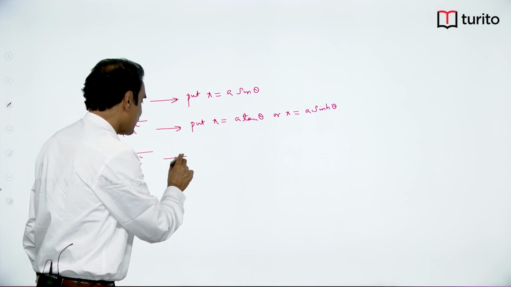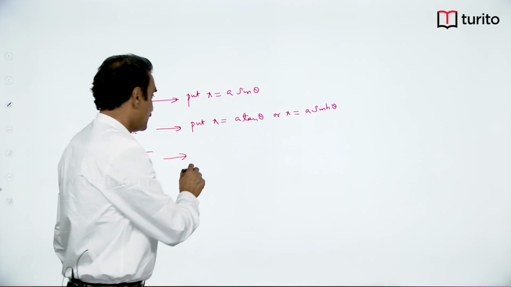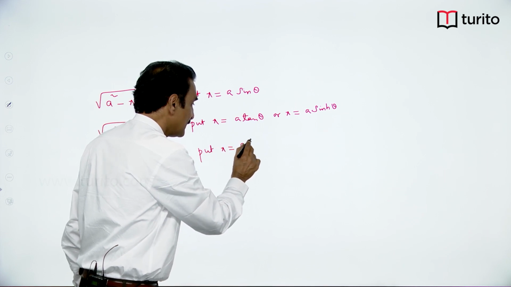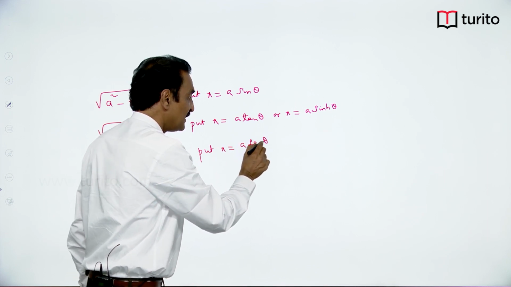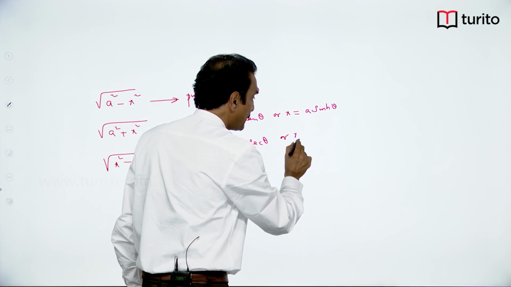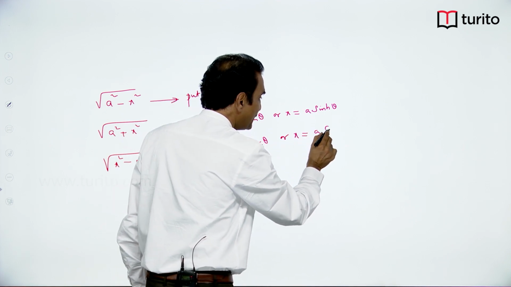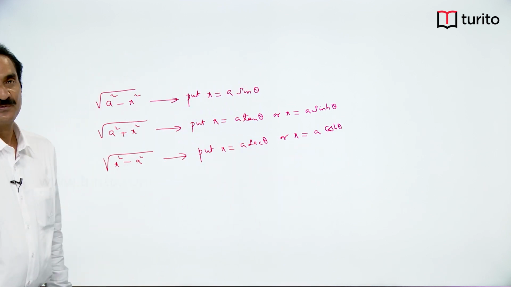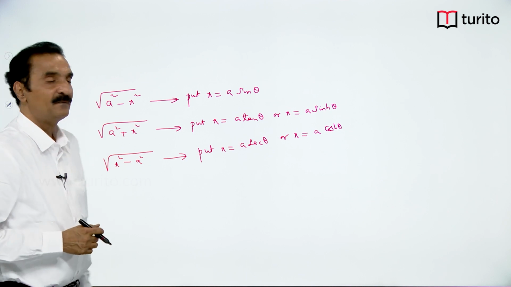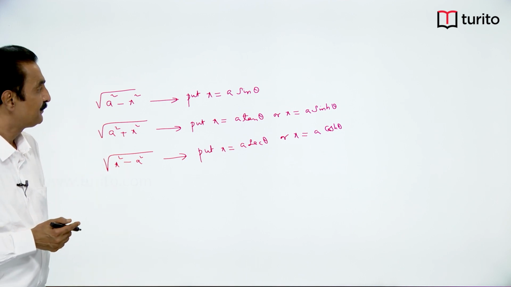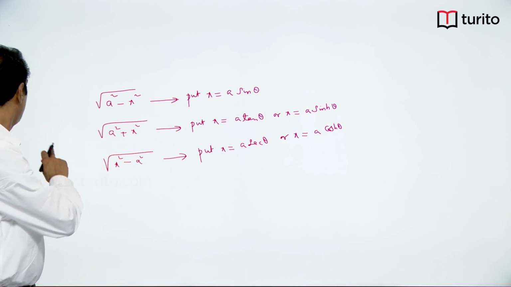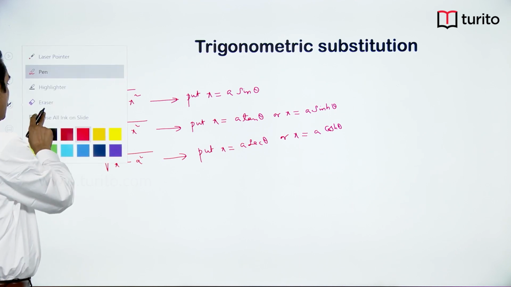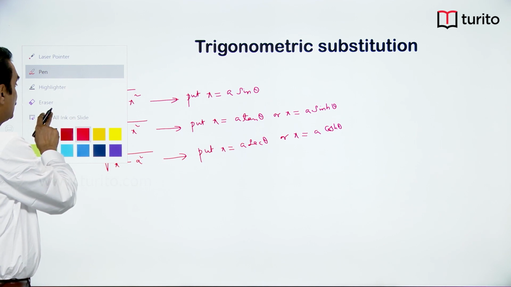For root over x square minus a square, put x is equal to a secant theta, or a cosh theta. All of you remember these substitutions, then we can derive some formulae. Okay.